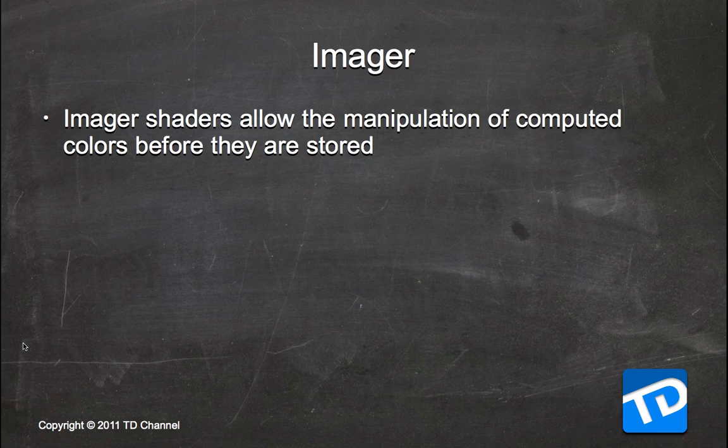The imager shader is a special shader type that is run at the end of the shading pipeline. So basically, the order in which things go, at least in RenderMan, is first the displacements are evaluated. Then the surface is evaluated. The surface is in charge of calling the light.